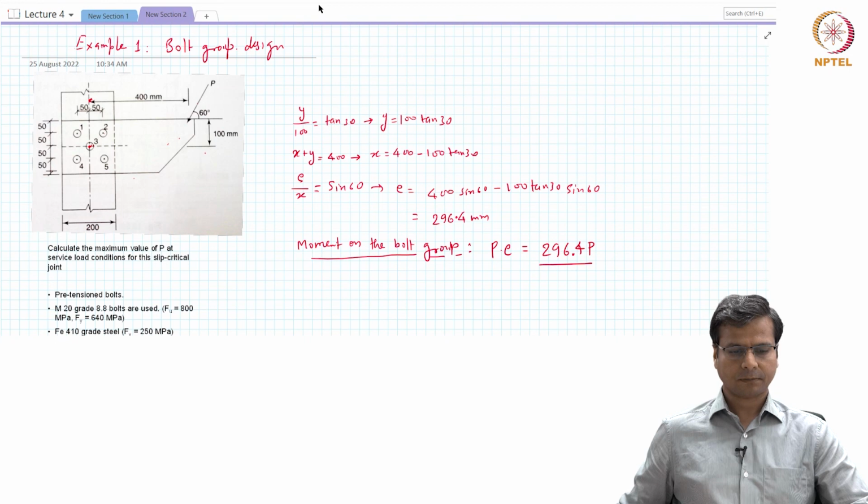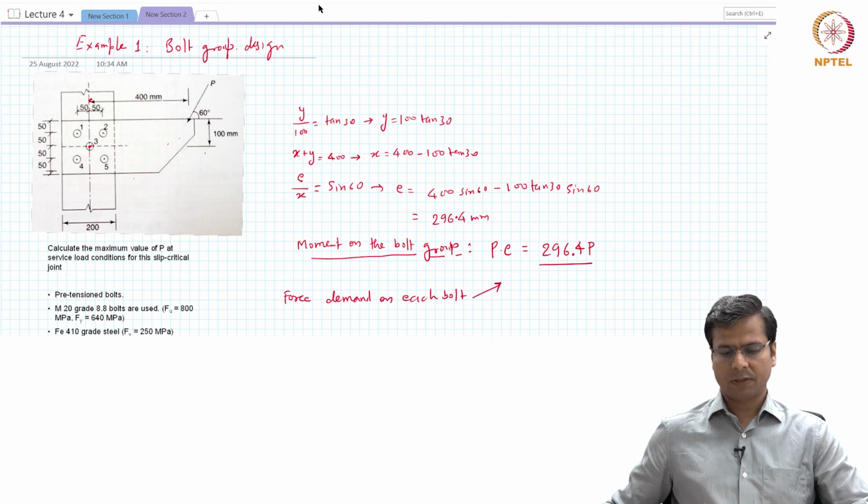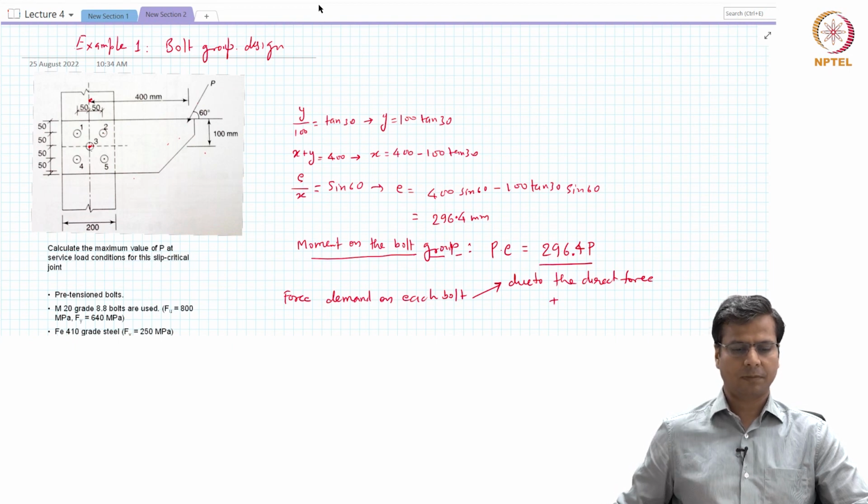And the force demand on each bolt, first we will calculate due to the direct force, as if the force was acting at the centroid.